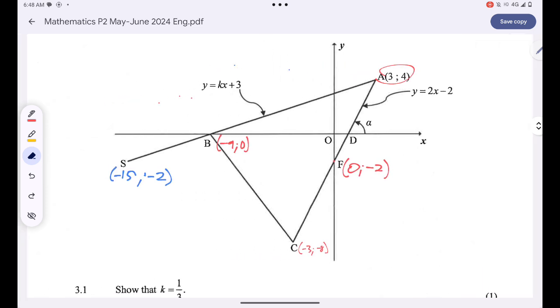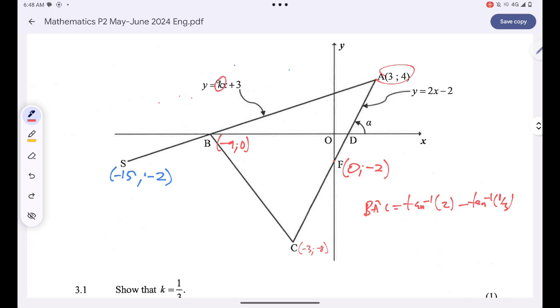So an angle between two straight lines is just the difference of the two inclinations together. So angle BAC is tan inverse of 2 minus tan inverse of 1 over 3.